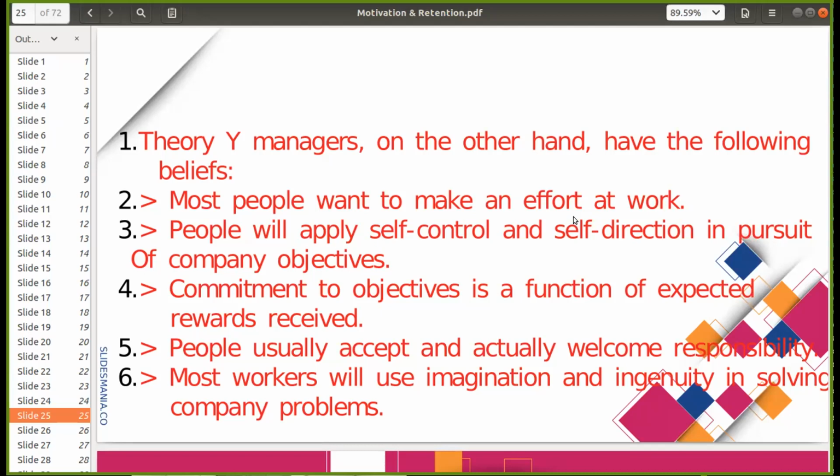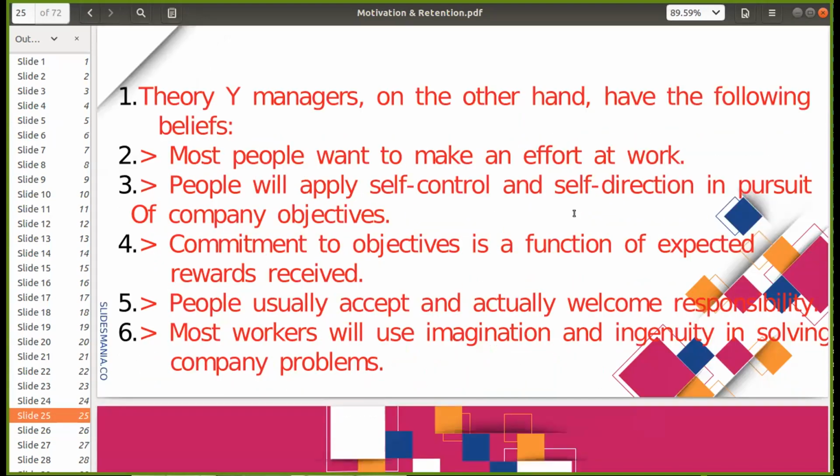Commitment to objectives is a function of expected rewards received. People usually accept and actually welcome responsibility, and most workers will use imagination and ingenuity in solving company problems. So may tiwala, no? May tiwala si theory Y sa empleyado. Okay? At may believe sa employee.